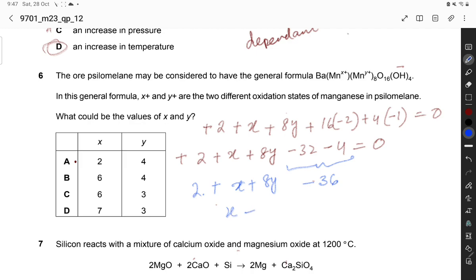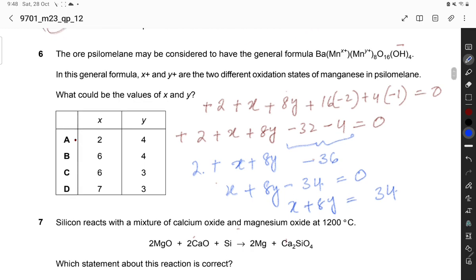So X plus 8Y minus 34 is equal to 0. So X plus 8Y is equal to 34. These two values should be equal to 34.